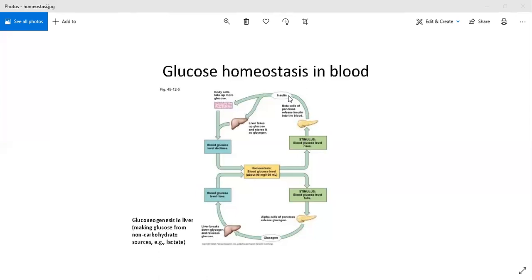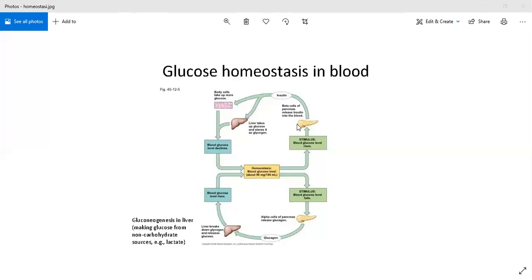Yeah. So if the person cannot release insulin, it means that this person will have hyperglycemia, and the hyperglycemia will keep increasing until it becomes diabetes mellitus. So people that have diabetes mellitus now are having a problem with insulin.